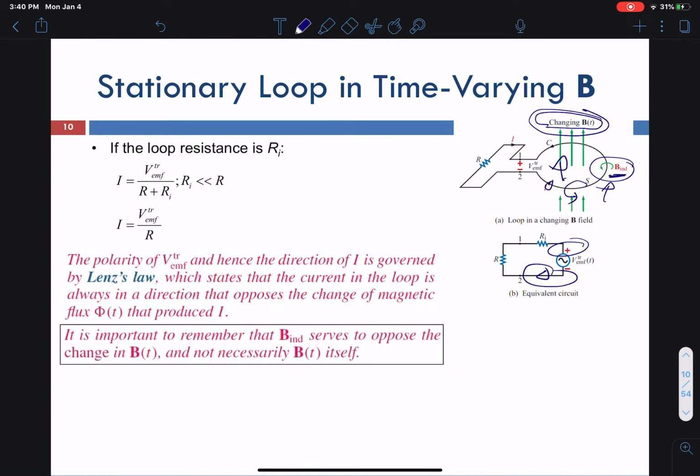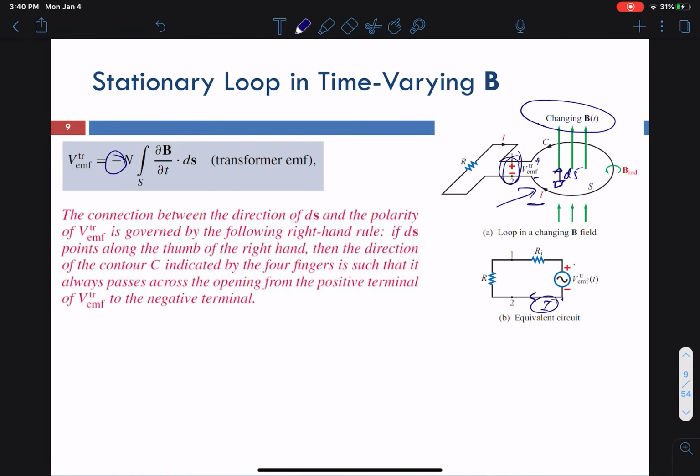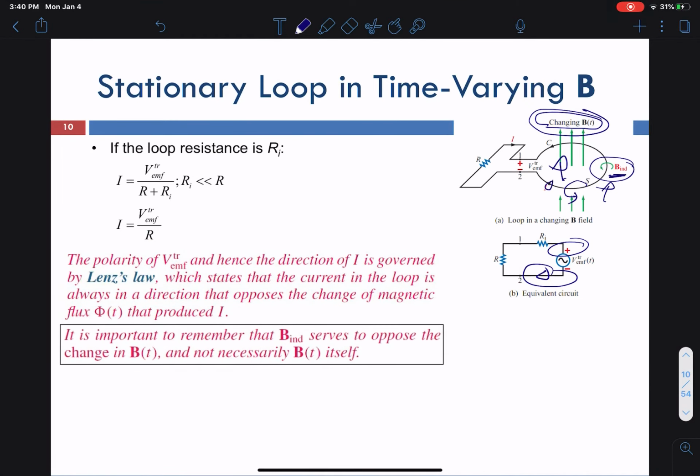They're opposite to each other. That's why, if you go back here, that's the negative sign here. Can you see that? So there's a current direction and a voltage polarity. Polarity came from here, and current direction came from Lenz's law. They're opposite to each other. That's why the negative sign: EMF equals negative dB/dt, right?